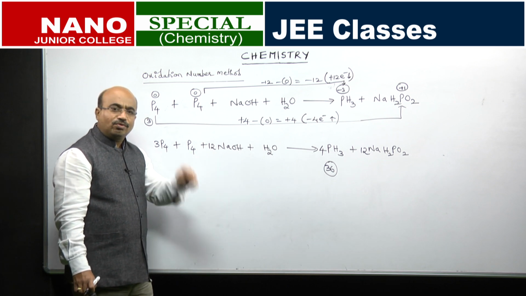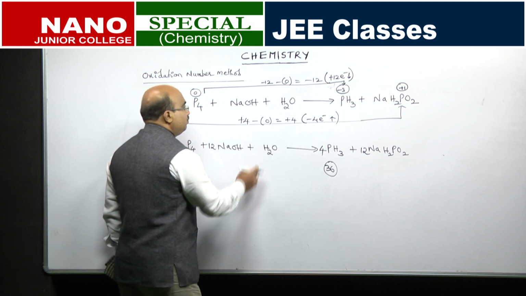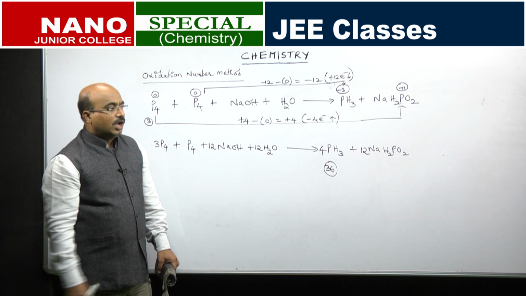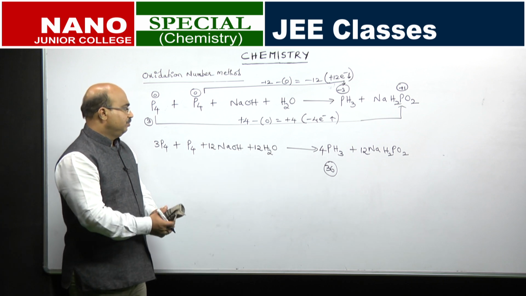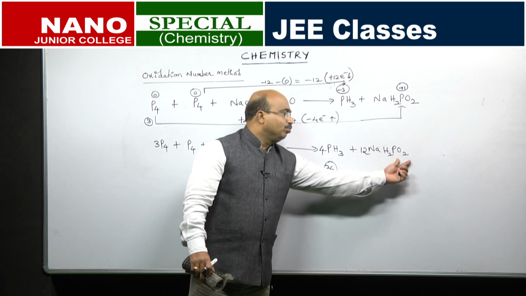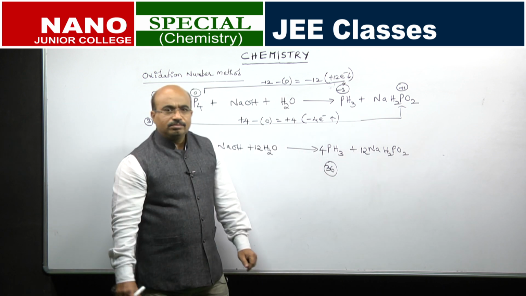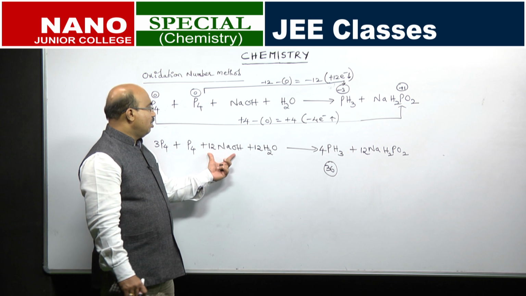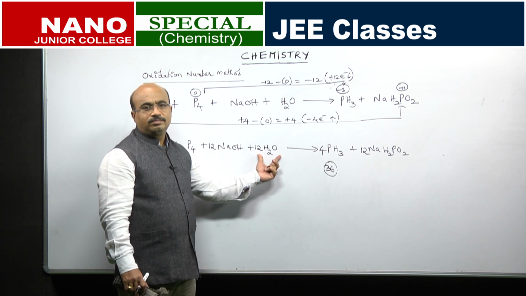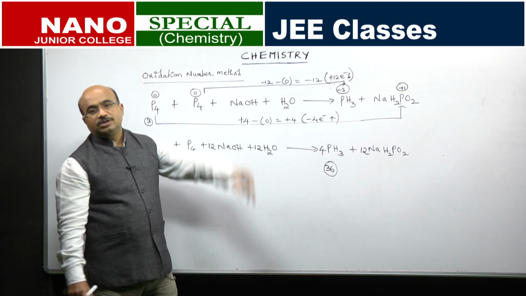So, the remaining 24 we should get from here only. So, you can write this as 12, or you can balance with respect to oxygen. How many oxygens are there here? 12 into 2, 24, but 12 are already there in this, the remaining 12 should come from here. So, this is the balanced equation.